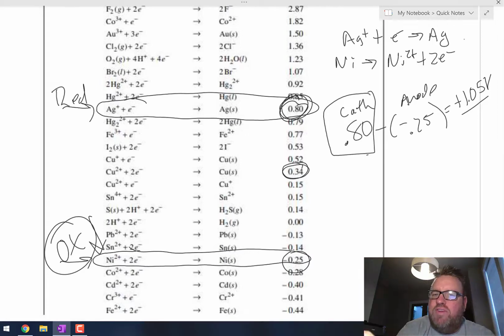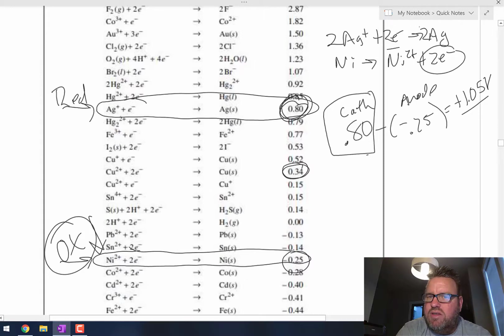The only thing we have to do now to balance this is to make sure the electrons are correct. So we're just going to double this top equation here. So now we have 2 electrons lost, 2 electrons gained, and now we put them together. So the overall equation would be 2 Ag+ plus Ni making Ni2+ plus 2 Ag.